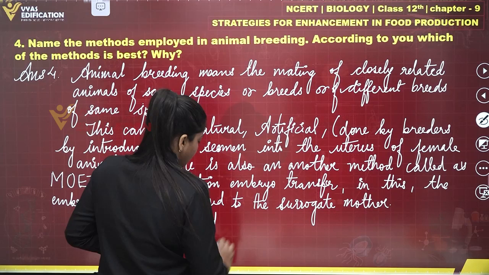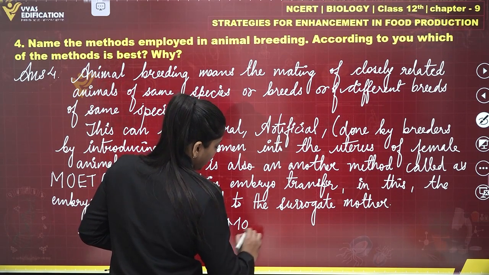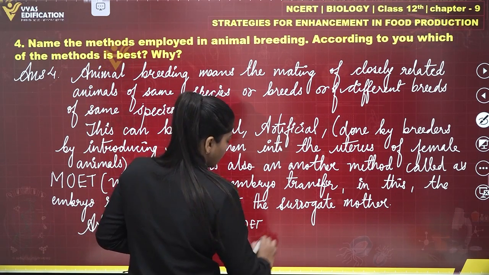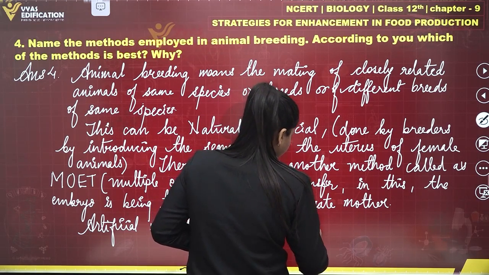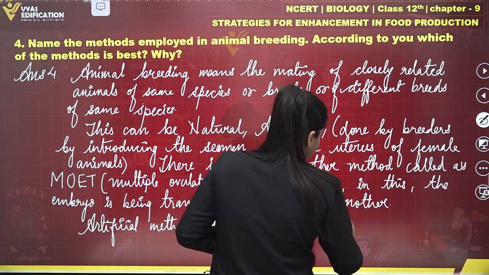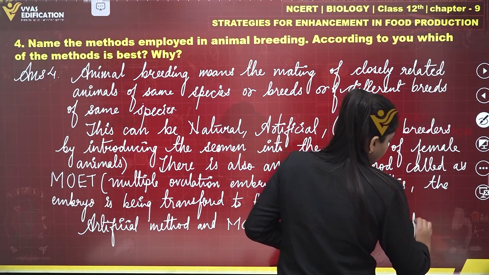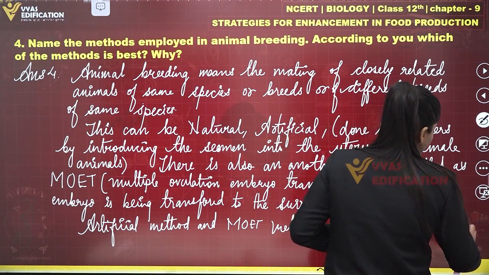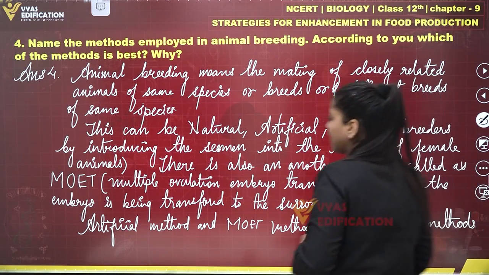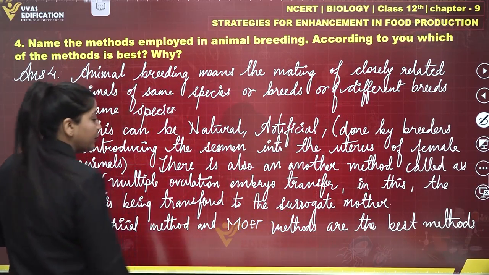and MOET method, multiple ovulation embryo transfer methods, are the best methods. Why is it so? Why are these the best methods among animals for breeding?